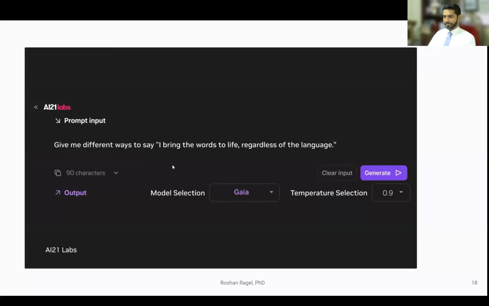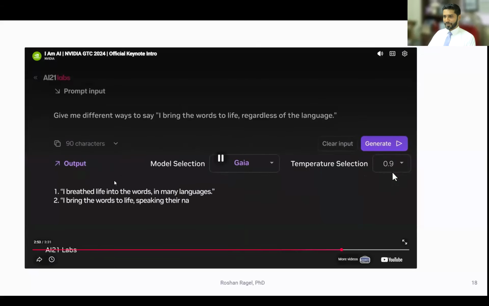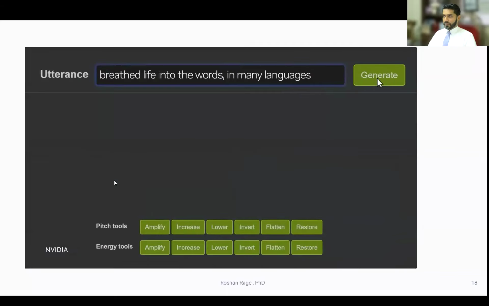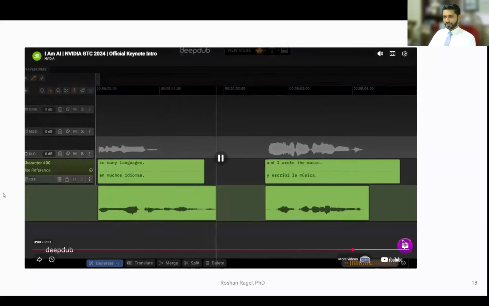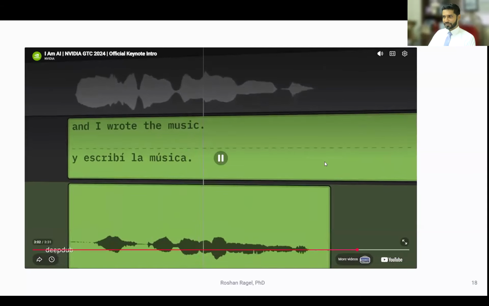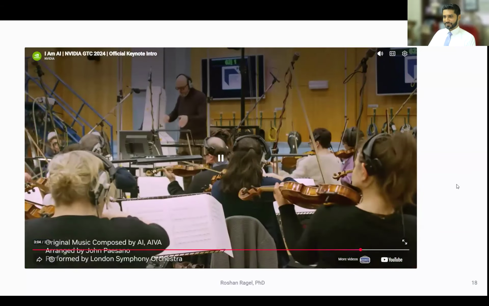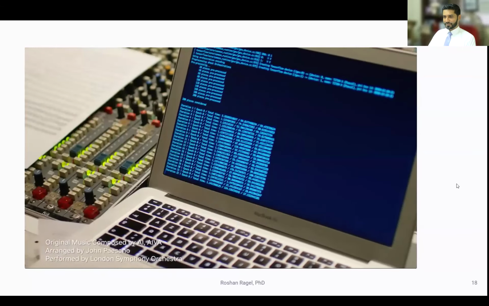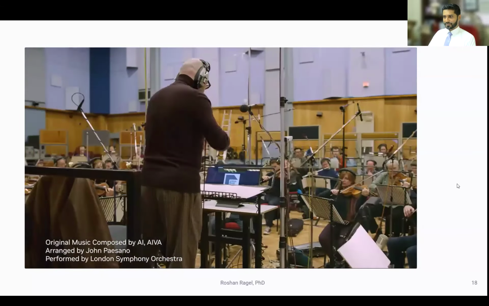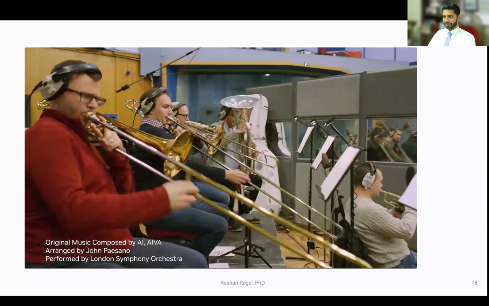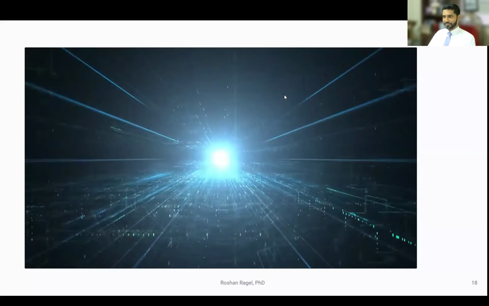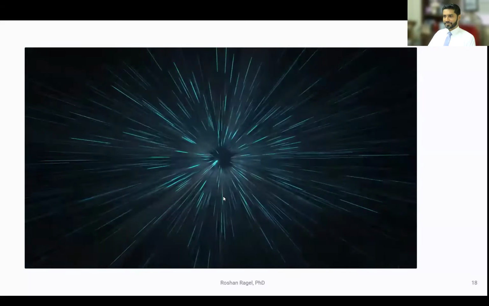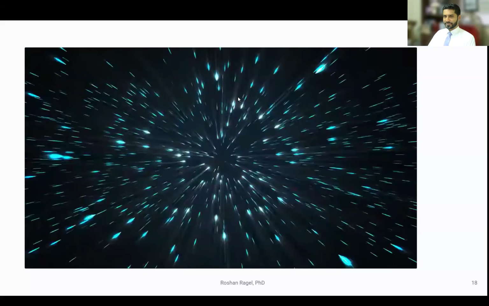I even helped write the script, breathe life into the words, and composed the music. I am AI, brought to life by NVIDIA, deep learning, and brilliant minds everywhere.